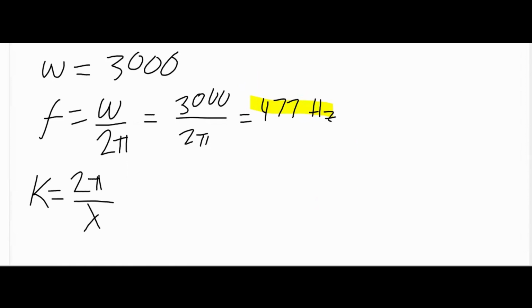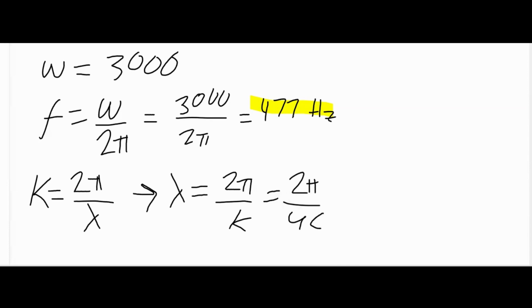This is the relationship between the two of them, and we can rewrite this to find our lambda value: lambda equals 2 pi over K. Rewriting this with what we know, that is 2 pi over 40, and we get the wavelength lambda as 0.157, and the units will be in meters.